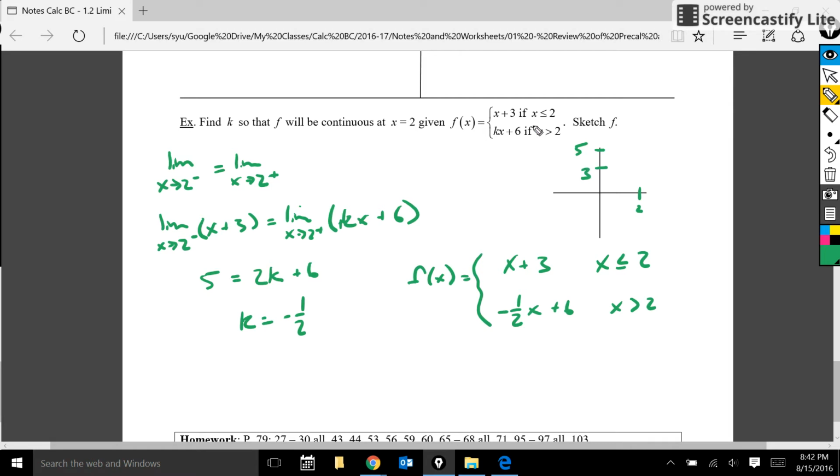So my first function right here, I pass through 3 and I'm increasing, so it looks something like that, up until right here. That's where it stops. And then my next function, negative 1/2 x plus 6, starts right here, and then it keeps going. Alright, looks pretty good, looks continuous to me, so we're going to stop there, and I will see you all later.